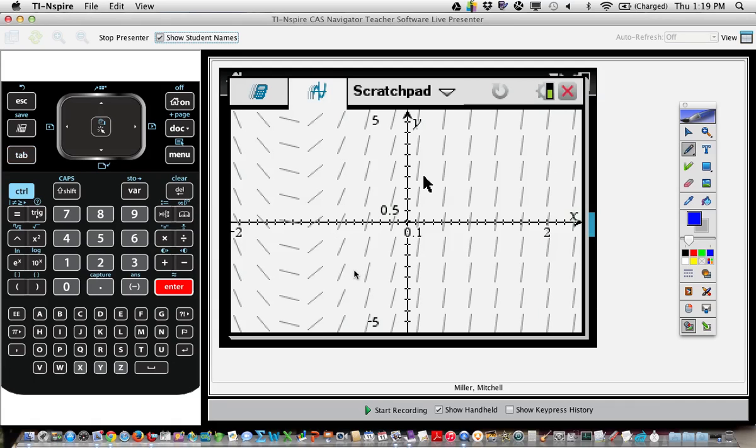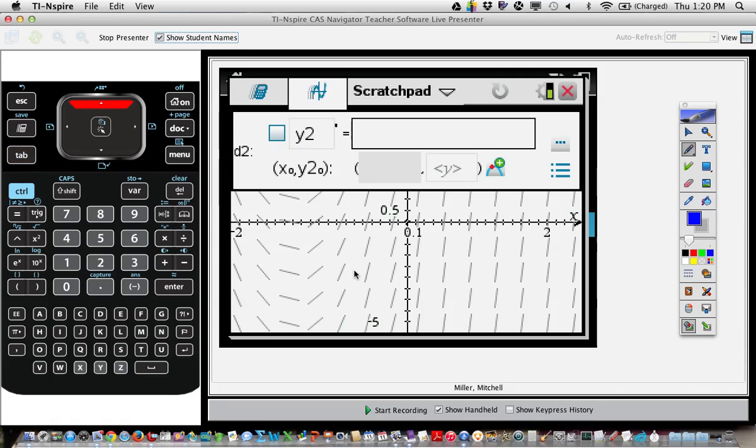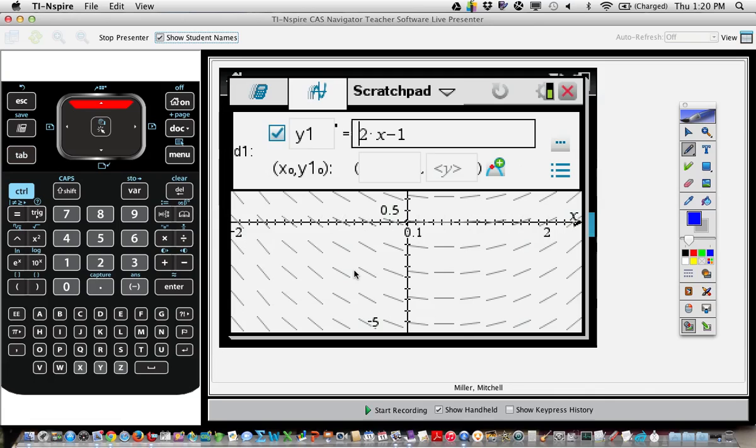Oh, see, this happened in the other class. This is the weirdest thing. Are you guys getting that? What do we do? Because what's wrong with this? Well, your window. -2 to 2 for your x. It's flipped. The vertex wasn't supposed to be over here, but this happened in the other class. So Mitchell, I don't know why. Go ahead and hit tab or whatever so we can get into there. -2 to 2 on the x, Ryan, and -5 to 5 on the y.